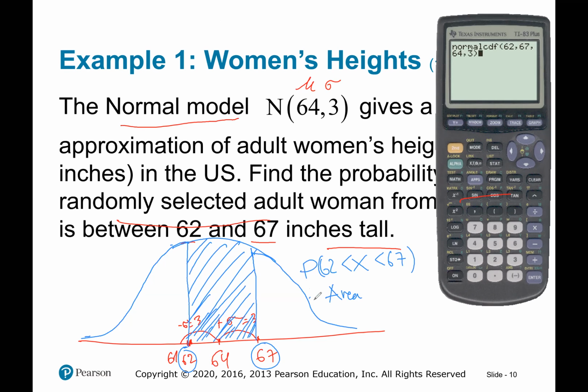So it will be equal to the area under the curve here, and the formula is normalcdf(62, 67, 64, 3). As the formula was normalcdf, lower bound, then upper bound, then mean, and then standard deviation.